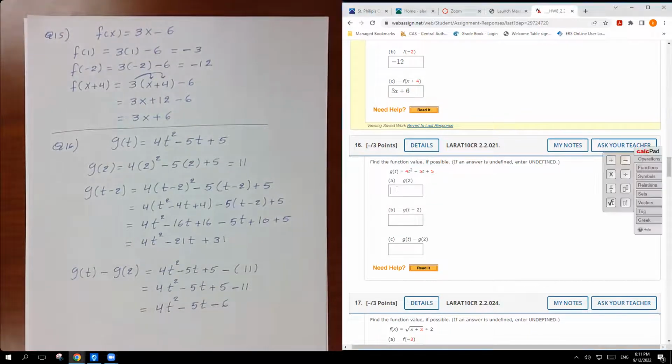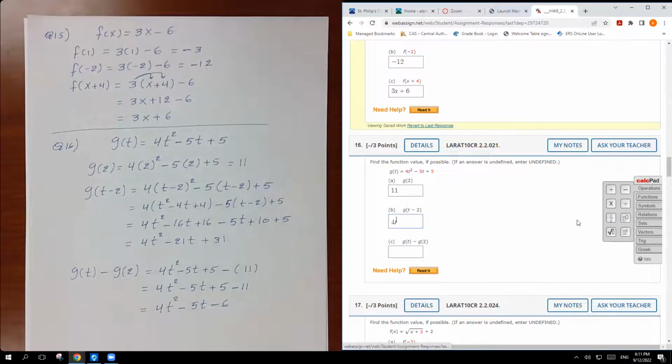So g of 2 is going to be 11. And g of t minus 2 is going to be 4t squared, this is the squared, be careful, minus 21t, and the next one is going to be plus 31.